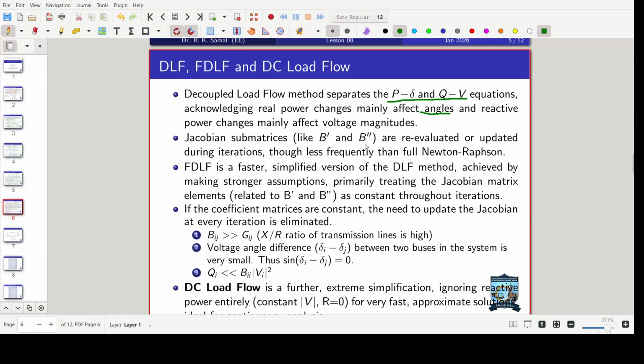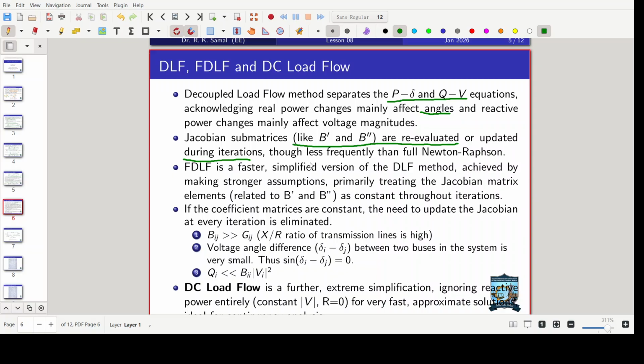Jacobian submatrices like B dash and B double dash are re-evaluated or updated during iterations. So, we update the Jacobian submatrices in every iteration, though less frequently than the full Newton method. Because we have made many approximations and this decoupling, J2 and J3 have become 0.